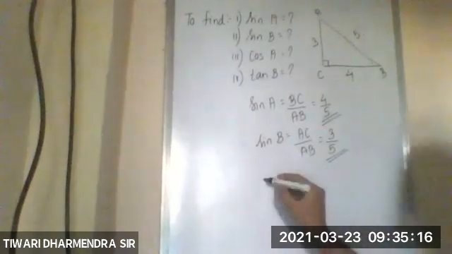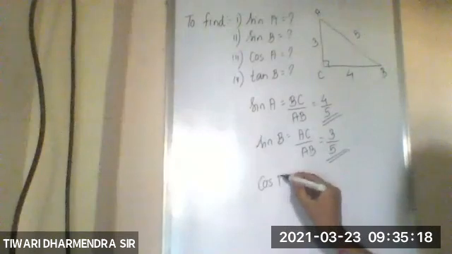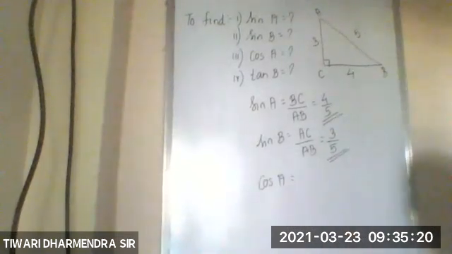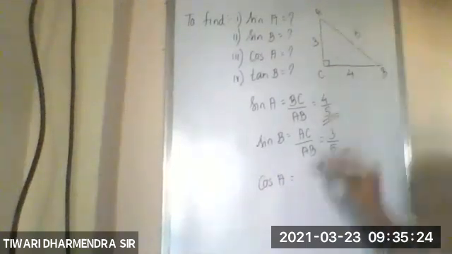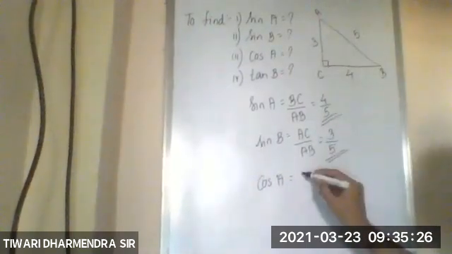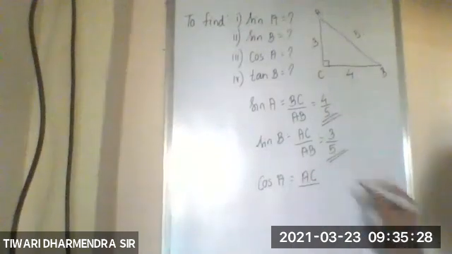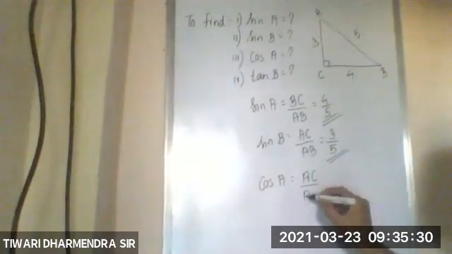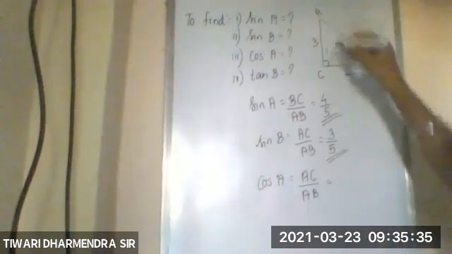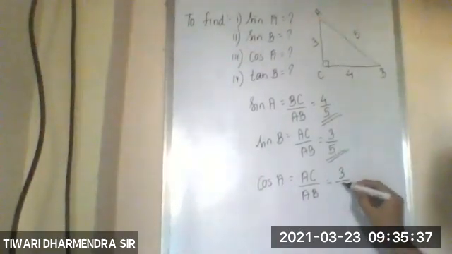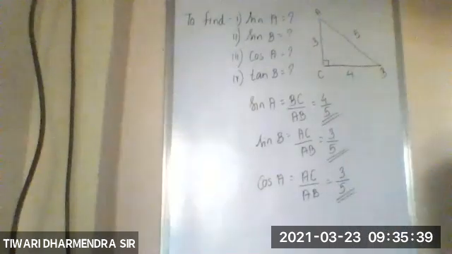Next, cos A. Cos formula is adjacent to A, which is AC, upon hypotenuse, that is AB. What is the value of AC? AC is 3. 3 divided by 5. Done.